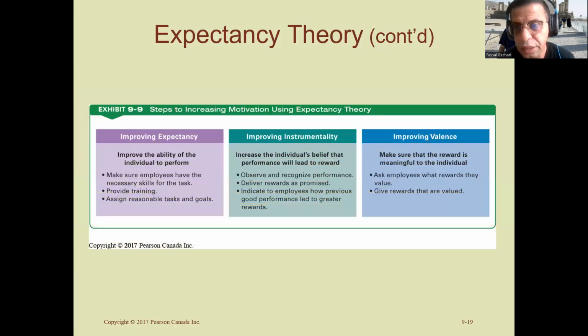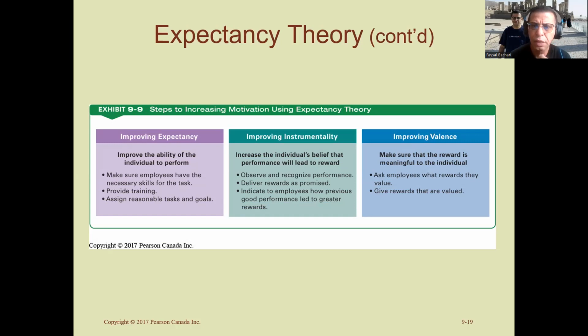So in expectancy theory, here are steps to increase motivation, how I'm going to motivate people. First you improve the expectancies. So improve the ability of the individual to perform. Make sure employees have the necessary skills for the task, provide training, assign reasonable tasks and goals. That's the expectancy from your side as a manager.